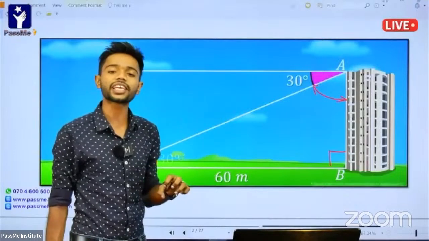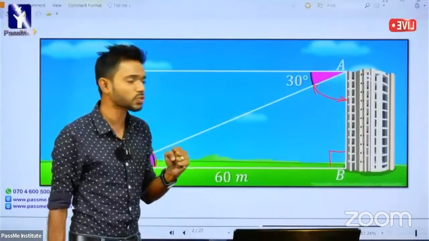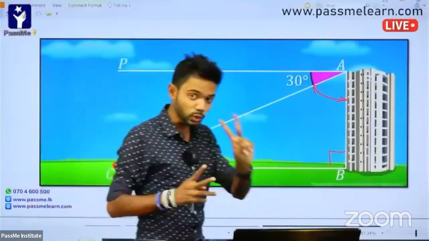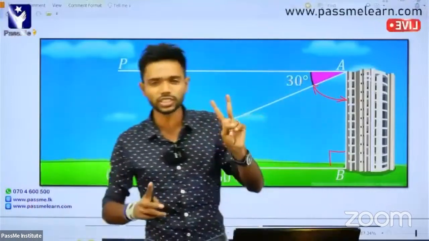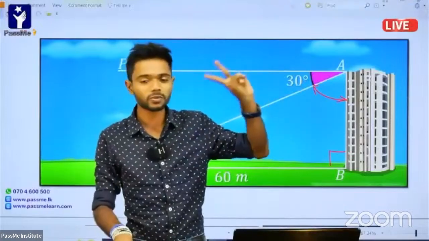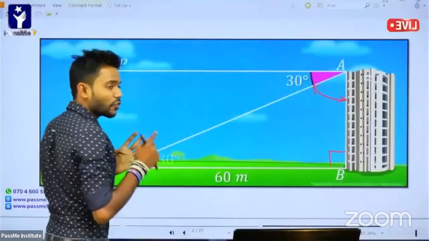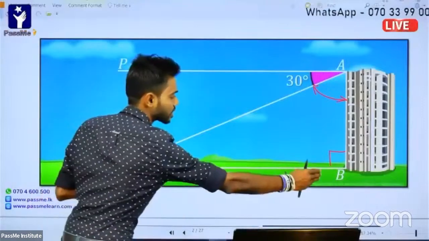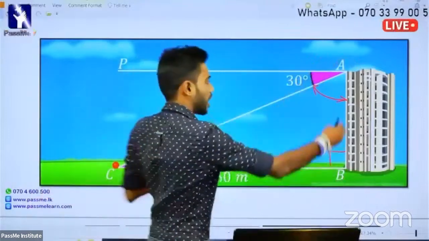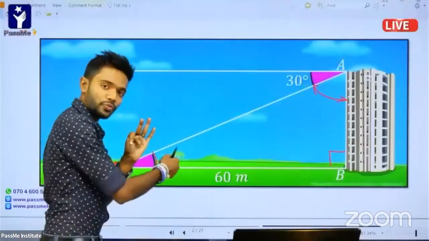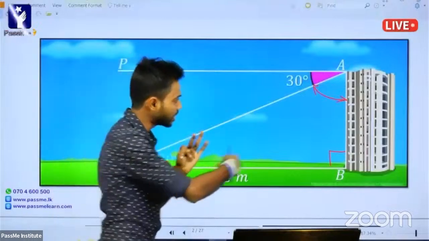Then after that, we can use the trigonometry knowledge to find the distance and the angle, right? Actually, there are only two things we can do from trigonometry. The first one is we can calculate the distance. This is one thing. And then we can calculate the angle here and the angle here.